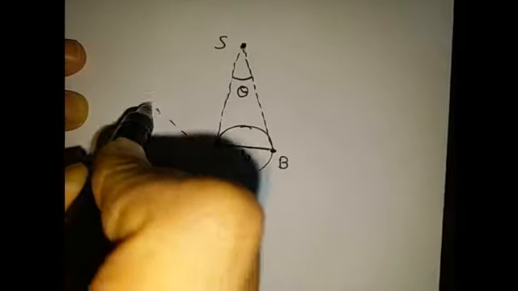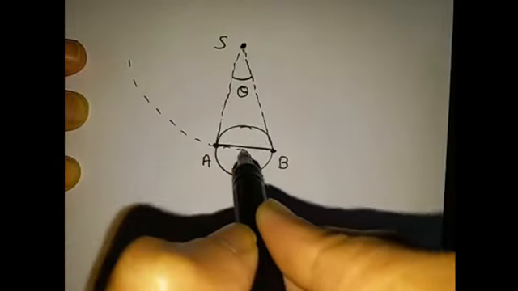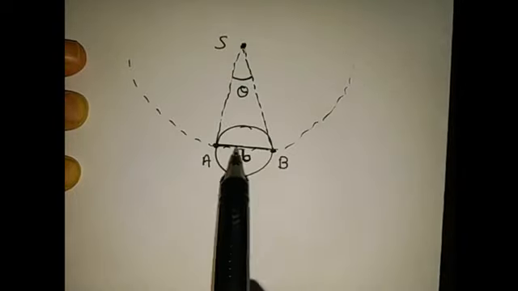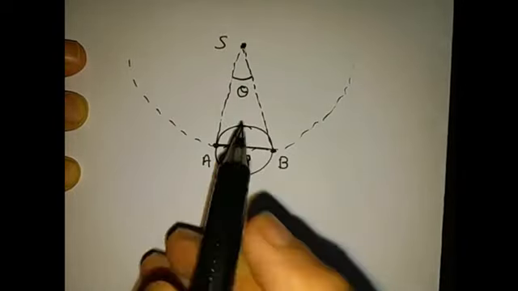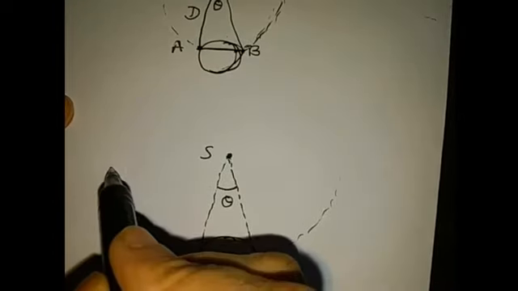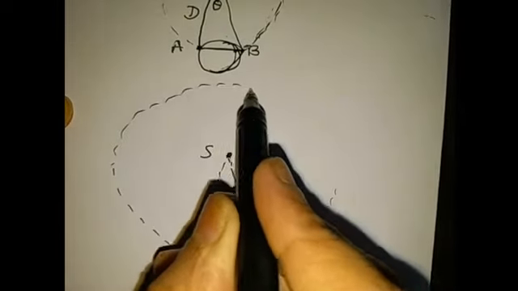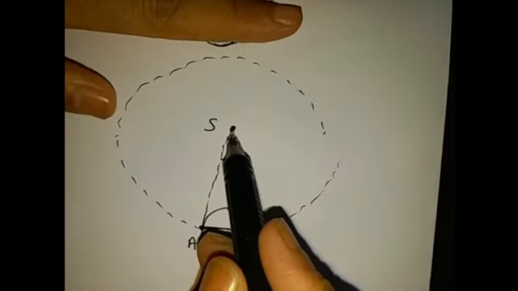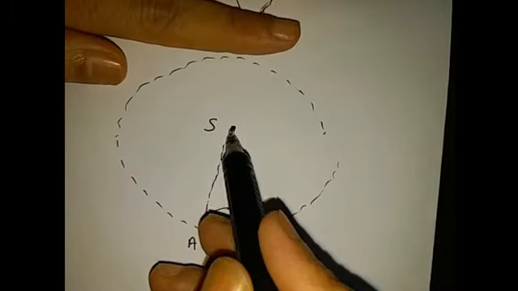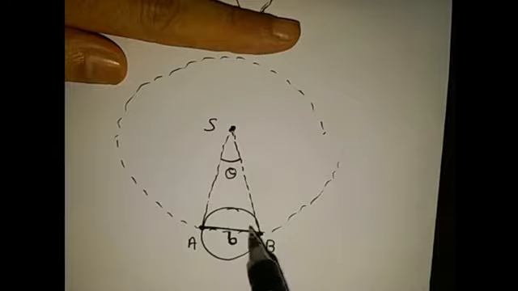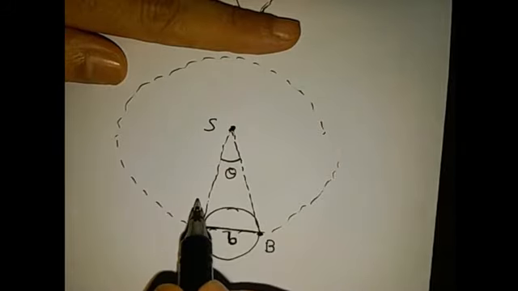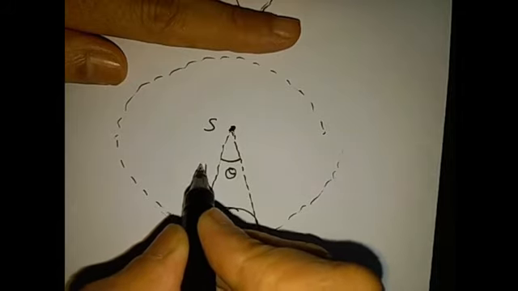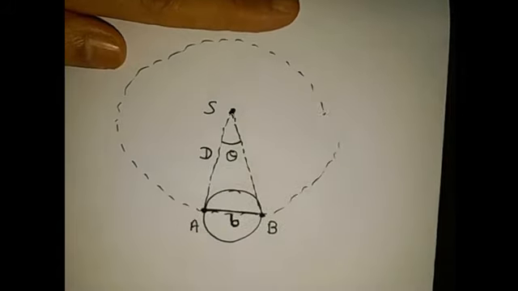What kind of circle? A circle such that this AB becomes part of the circle, that means an arc of the circle, and which is the center of the circle? This S. S is the center of the circle. So this is the center, this is the arc. So AS will be the radius of the circle. I am mentioning it as D, right?